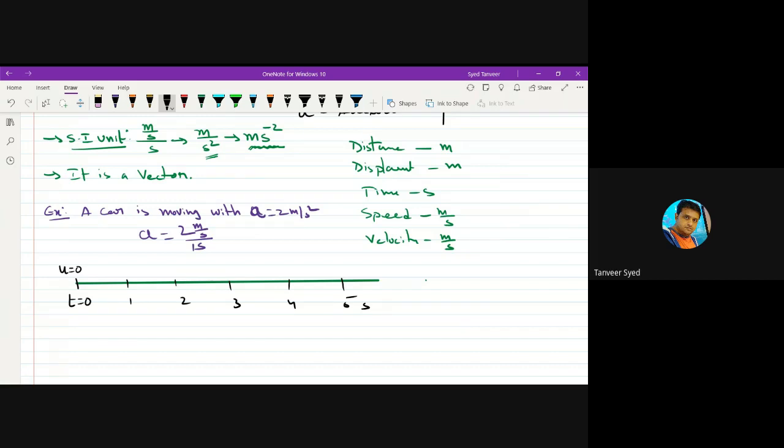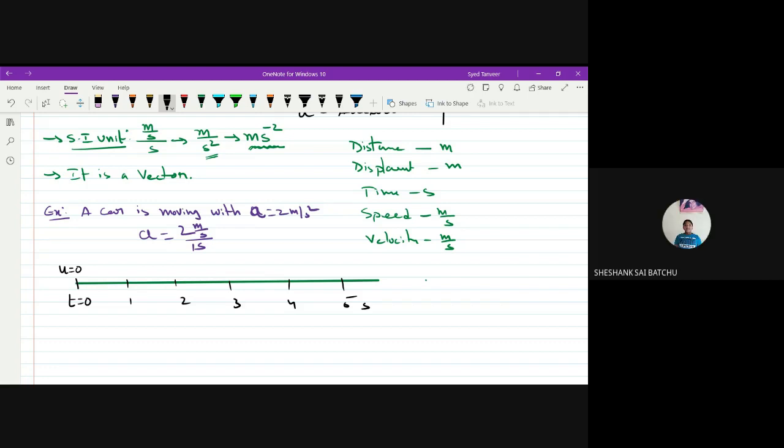Basic point, if a body is having acceleration, its velocity will remain same or will it change? It will change. Velocity will change here with time. How much is it changing in 1 second?